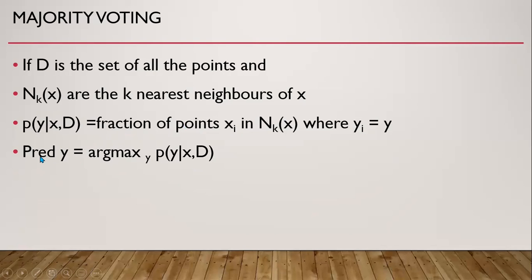So the prediction for the new example, that is the prediction of y, is the argmax over y of this probability, that is the fraction. So this is about majority voting mathematically.